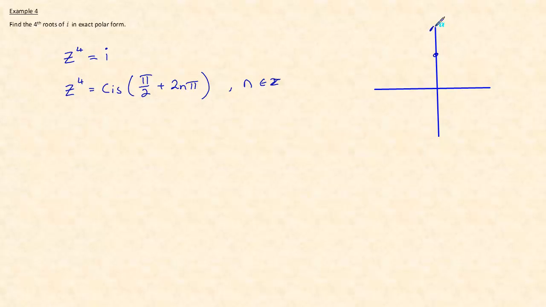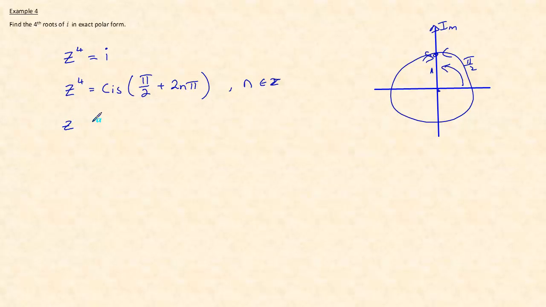It's just here on the imaginary axis, a distance of 1 from the origin. So for the principal argument, that's pi by 2, but remember we can get to that every time we go around in either direction, no matter how many times, and that's where the 2n pi comes from.